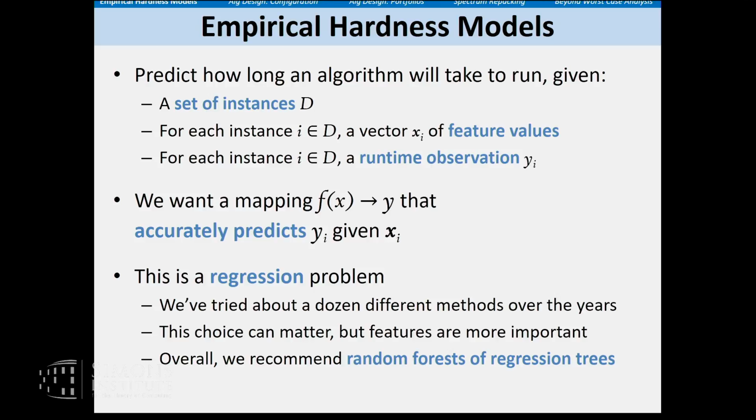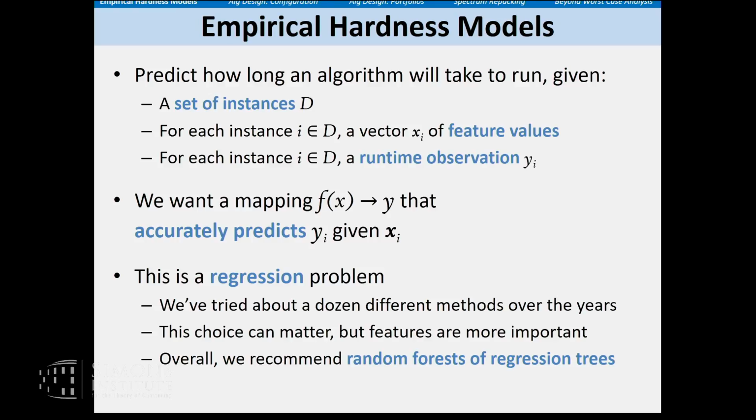If you're a machine learning type, you might immediately latch on to the fact that I'm talking about different approaches to regression and think, what sexy regression method are you using? Are you using Gaussian processes or deep learning or what have you? We've tried, over the years, a whole variety of different methods. Our high-level message is that it makes a bit of a difference which method you use, but it's not really a story about methods.